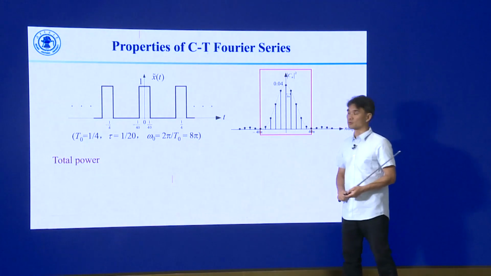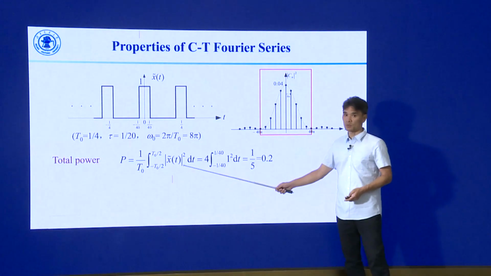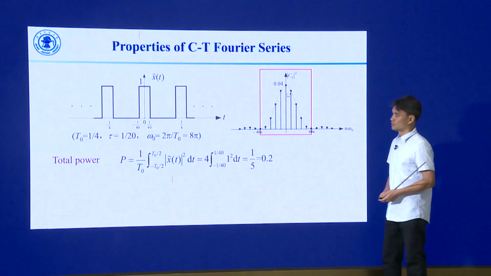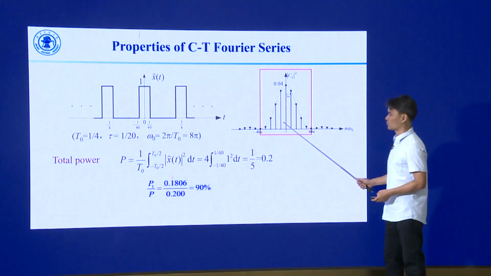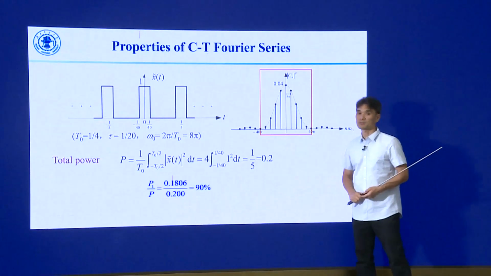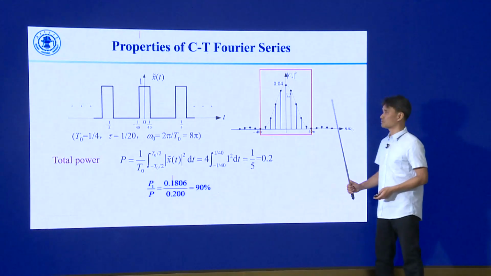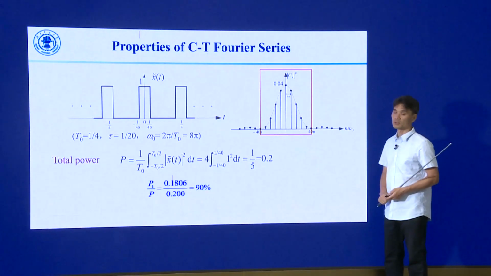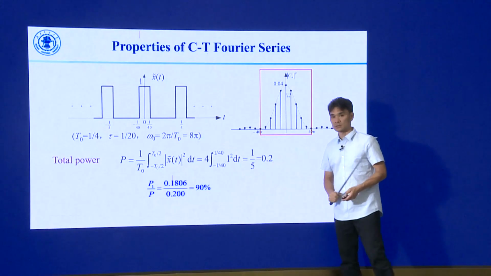It's also straightforward. We can calculate the power in the time domain, and the result is 0.2. The percentage of the power inside the effective bandwidth versus the total power is equal to 90%. That shows that the power inside the effective bandwidth is the majority of the total power for a given periodic rectangle signal.